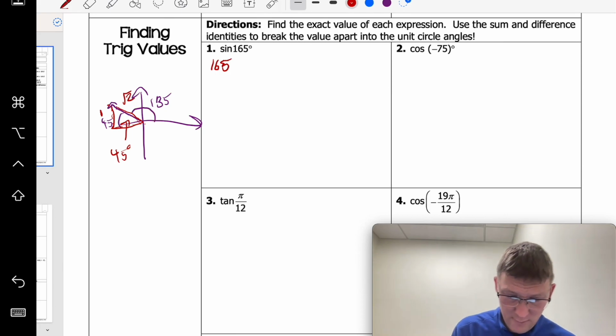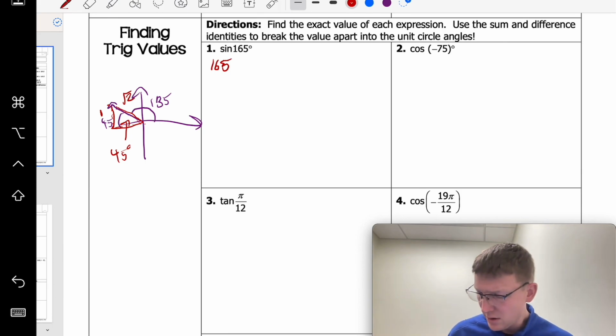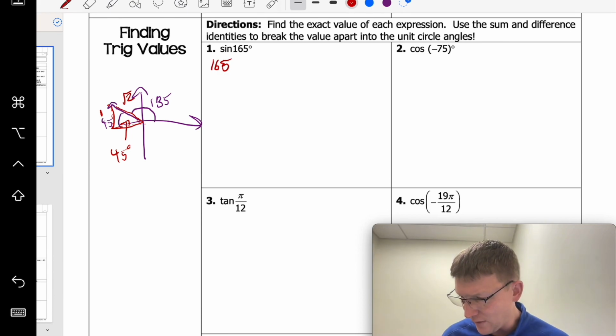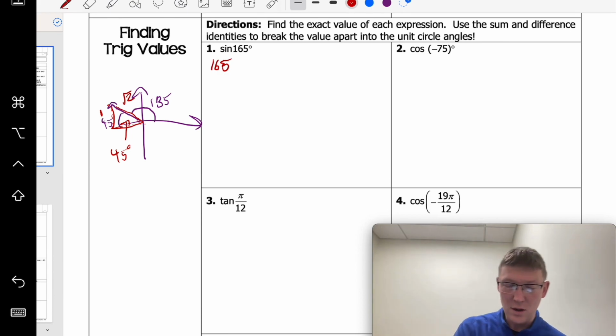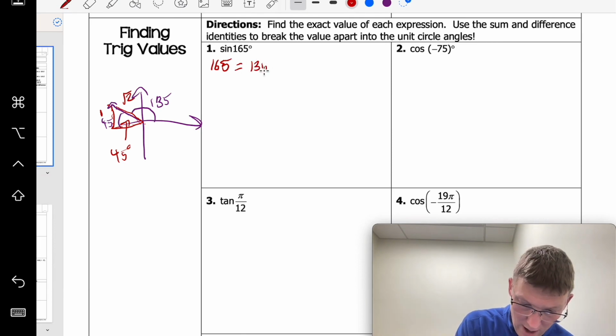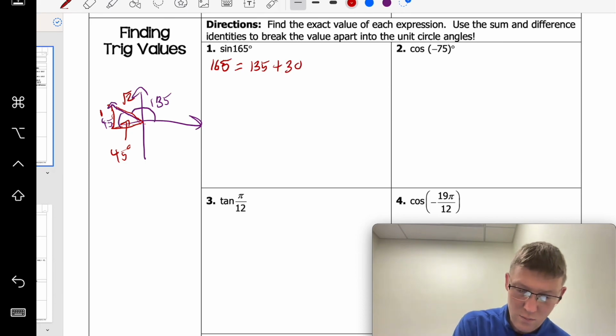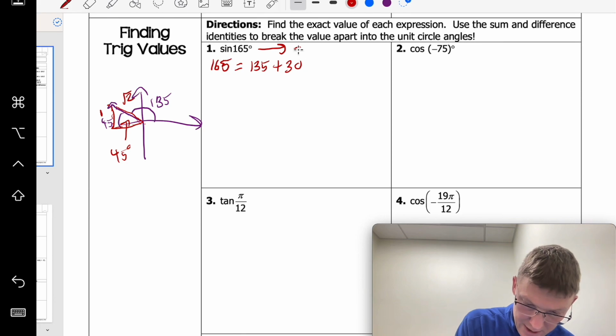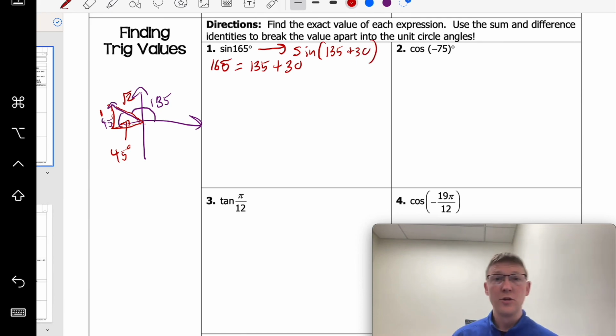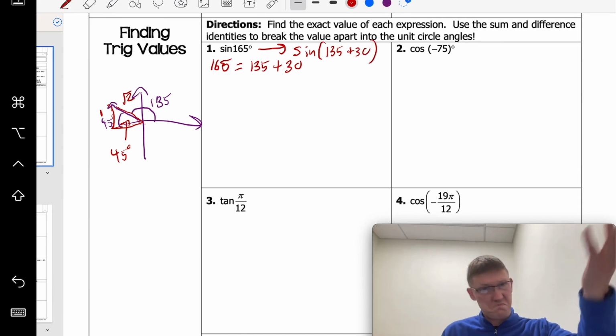So let's see if we can break this up into 135 plus something. 165 minus 135 is going to be 30. Okay, so this is equal to 135 plus 30 degrees. So now we can change this into sine of 135 plus 30. So in my opinion, that's the hardest part. We got it.